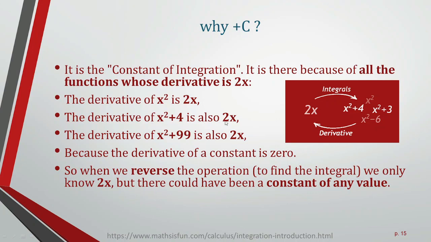The derivative of x squared plus 99 is also 2x, because the derivative of a constant is 0. So when we reverse the operation to find the integrals, we know the result has 2x as its derivative, but there could have been a constant of any value. That is why we put plus c in every integration process.